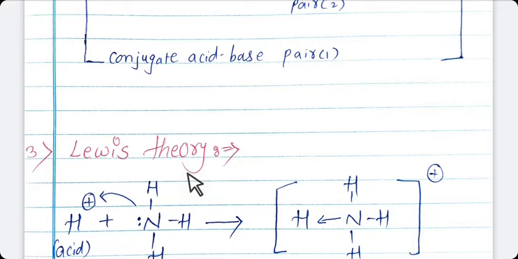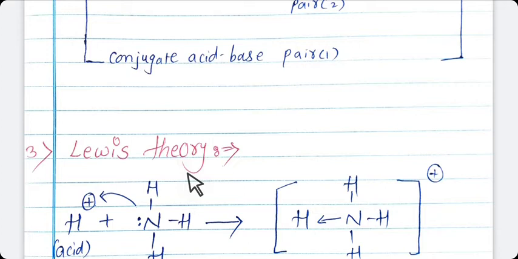Means the electron concept is there. In Bronsted theory, the proton concept is there: acid donates a proton and base accepts a proton. In Lewis theory, the electron concept is there: acid accepts an electron pair and base donates an electron pair.